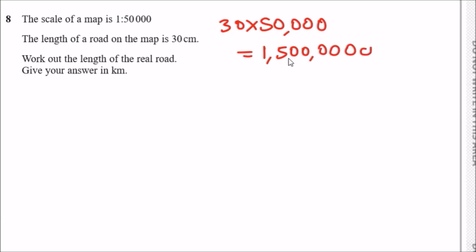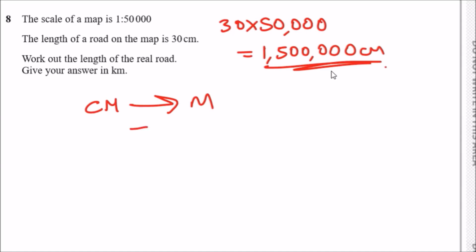1,500,000 centimeters. That's kind of big. Now we want to put this in kilometers. So there's an easy trick. To go from centimeters to meters, firstly, C actually means 100 in French and Latin. So you need to divide by 100 first. Now to go to kilometers, you need to divide by 1,000, because you can think of one kilometer as 1,000 meters.